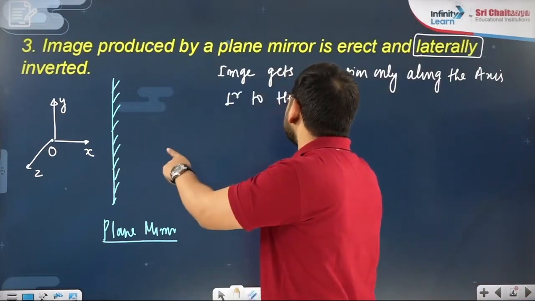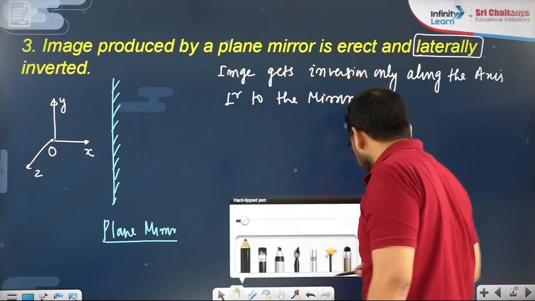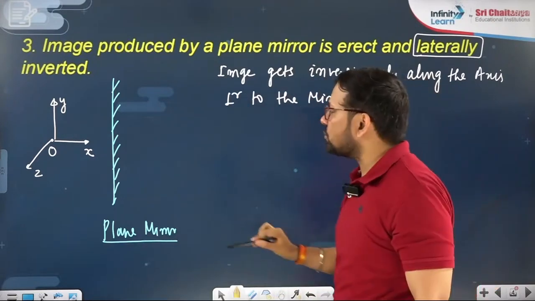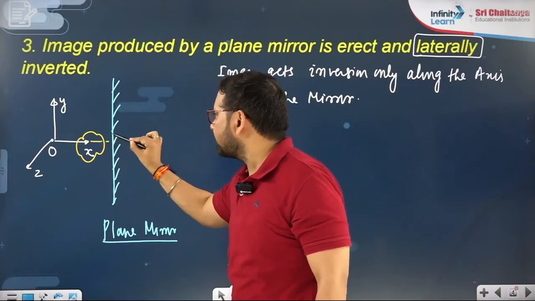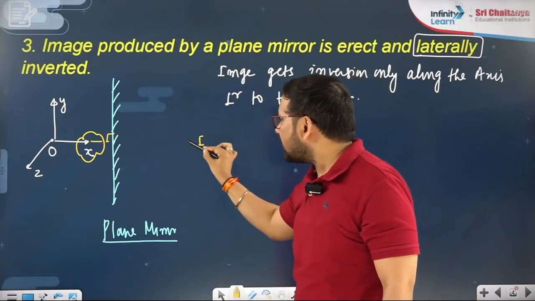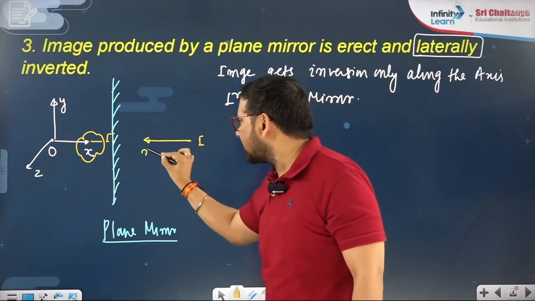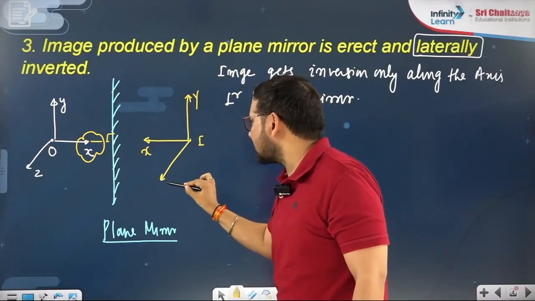You have to check the diagram to see which axis is perpendicular to this plane mirror. I get the answer as X. X is striking the mirror, it is along the normal. So in the image, the x-axis will be inverted. There is no change on the y-axis and no change on the z-axis.